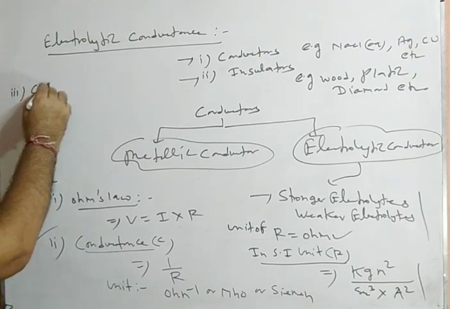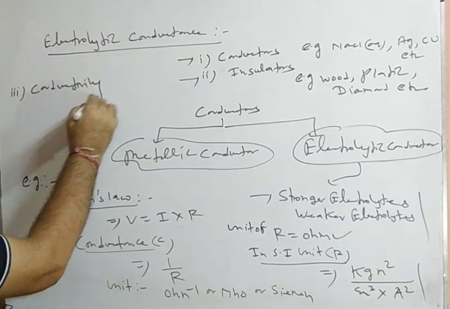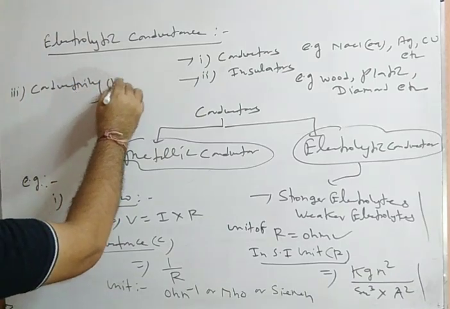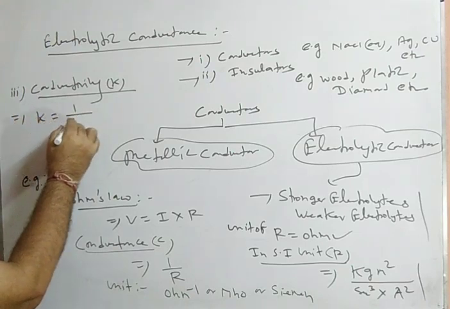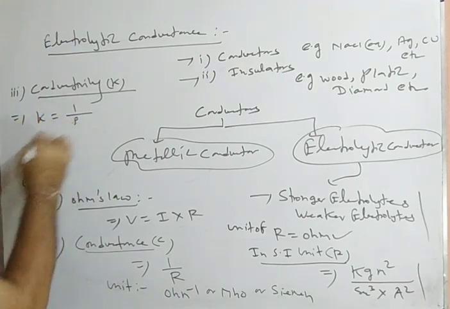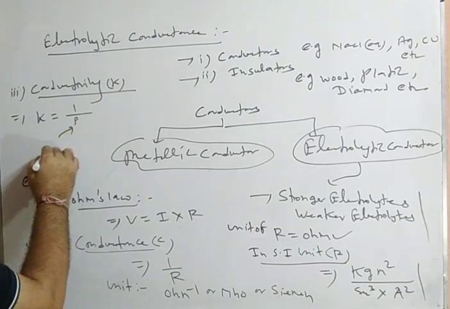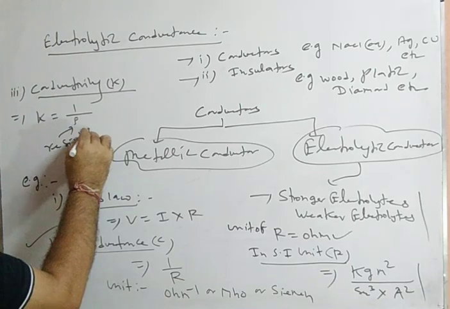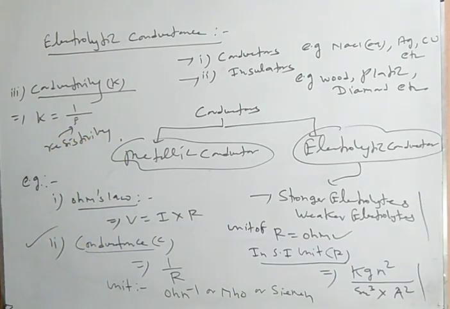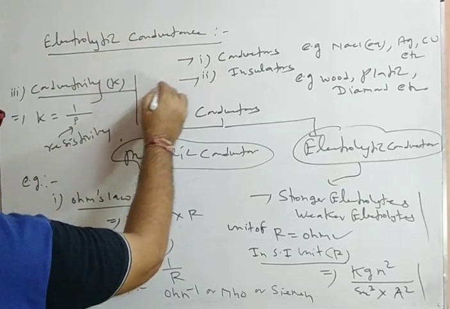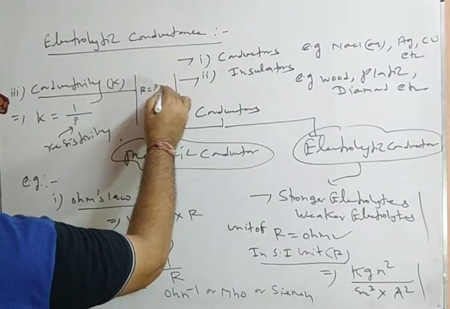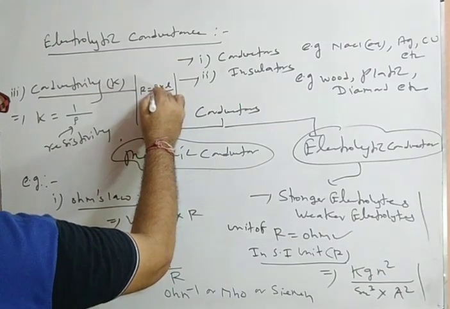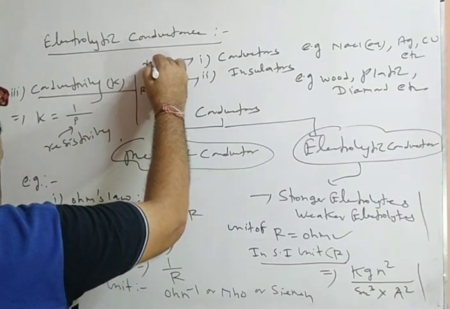Third one, conductivity. The reciprocal of resistivity. This is known as resistivity. What is resistivity? We know that R is equal to rho into L by A. This rho is called what?